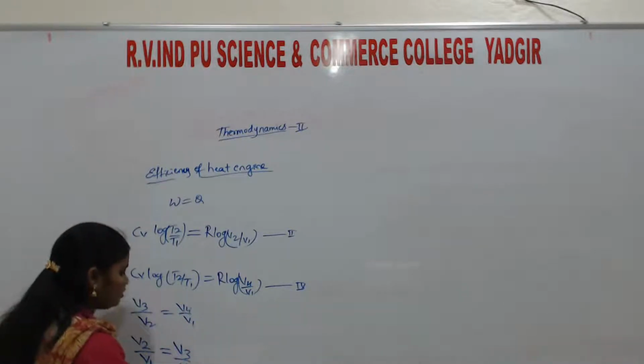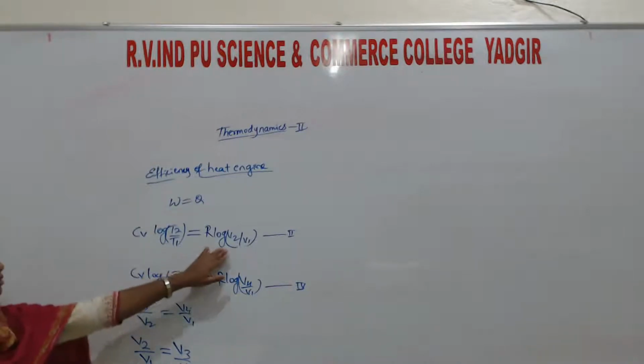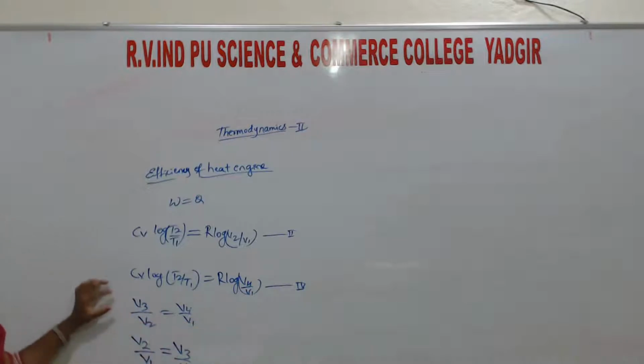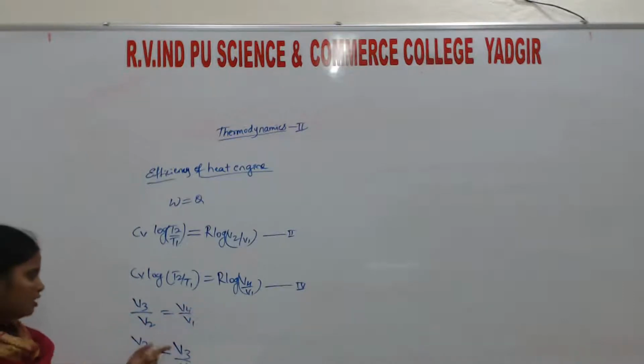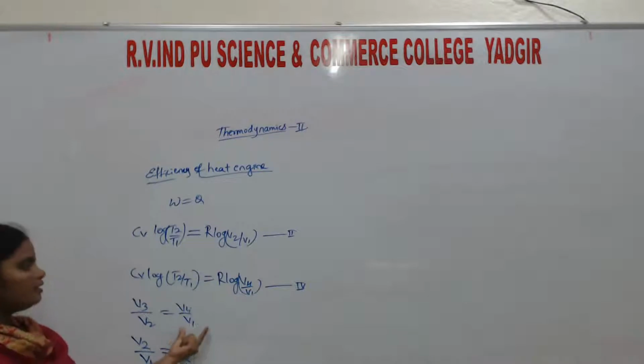Considering the above equation, V3 by V2 is equal to V4 by V1, and next you write V2 by V1 and V3 by V4, that is V3 by V4 equals V2 by V1.